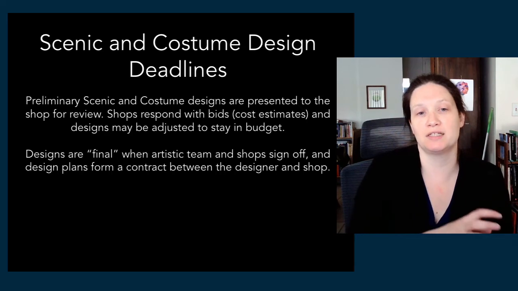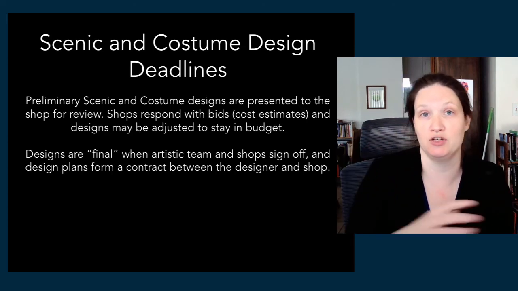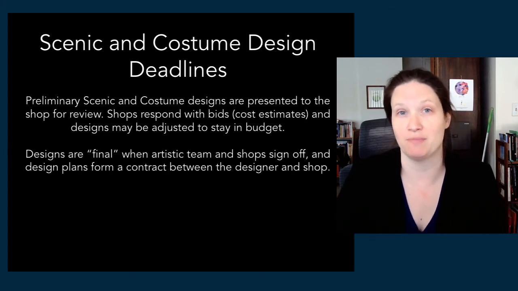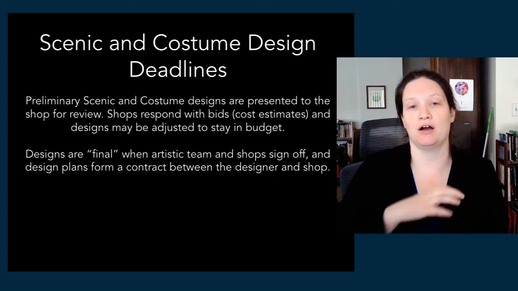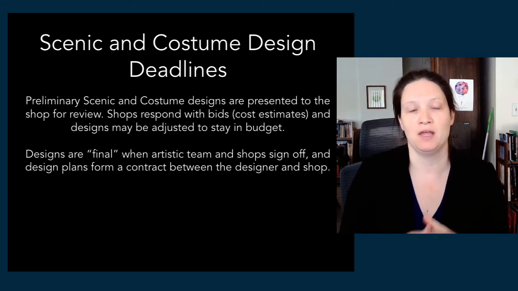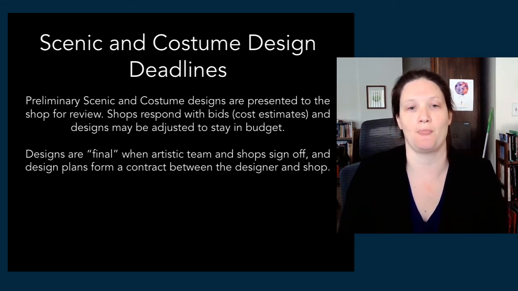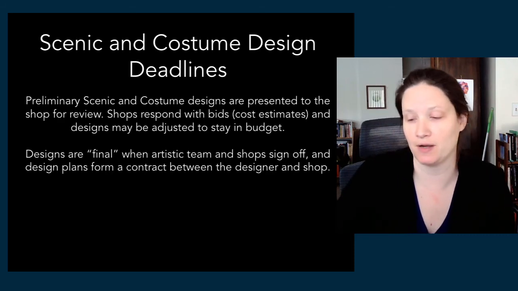So once the shops have bid the design, and then you go back and you reevaluate it with your director, make sure everything is going to be possible and feasible within the time and financial constraints, then the artistic team and the shops will sign off on a design plan that makes it final, and that design plan, once finalized, will be a contract between the designer and the shop, okay?